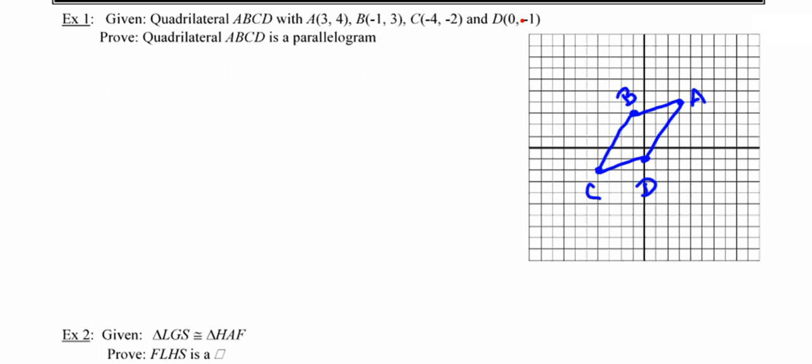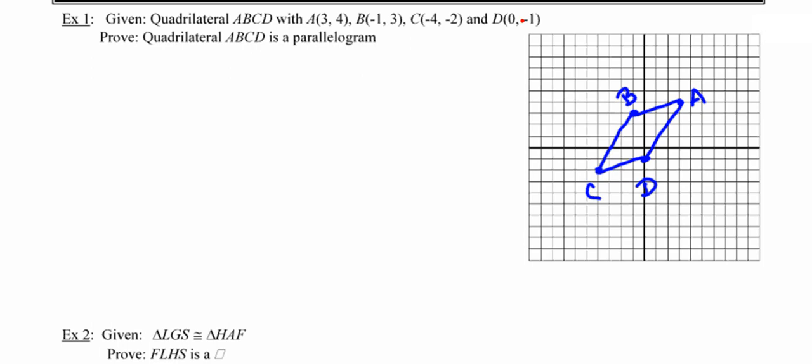And again, if I wanted to go with the first option, I could show that top side is parallel to bottom side, left side is parallel to right side, making, by definition, the figure a parallelogram. I could use distance formula to show that left side and right side are congruent, top side and bottom side are congruent, making it a parallelogram because both pairs of opposite sides are congruent.